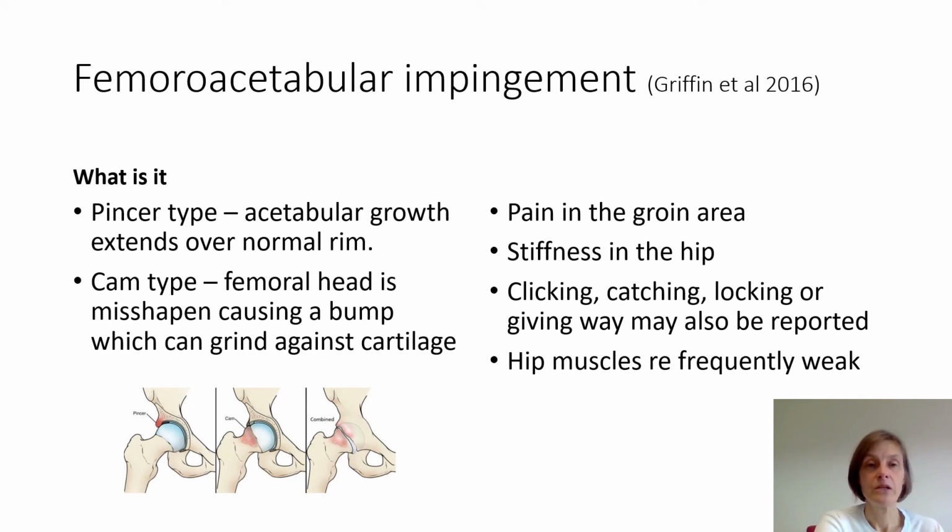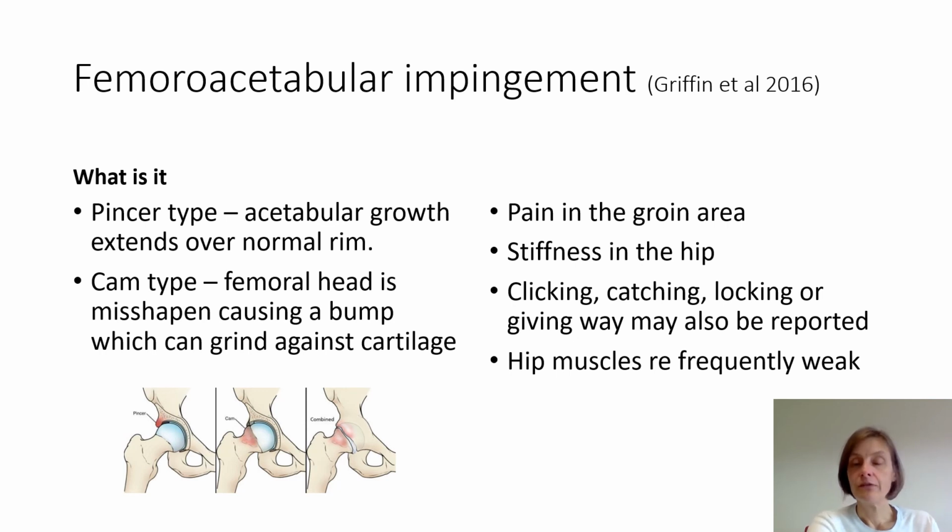The CAM type is where you get a misshapen femoral head, which causes a bump in the femoral head, which again causes impingement on the acetabulum and causes a problem with the cartilage as well. So you can get the pincer type, which is acetabulum, the CAM type, which is femoral head, or you can get a combination of both.